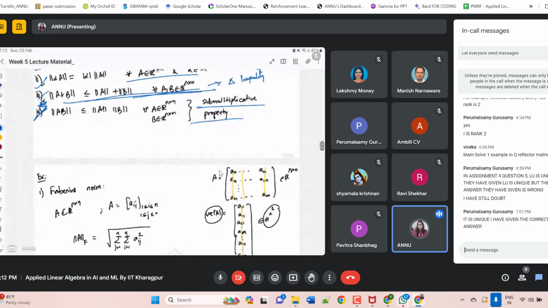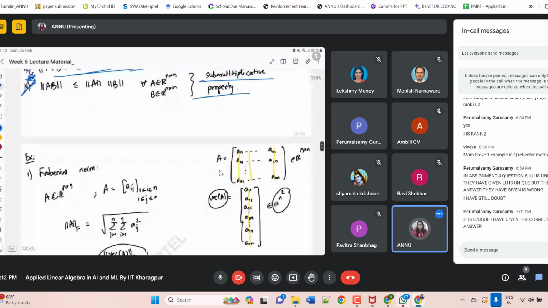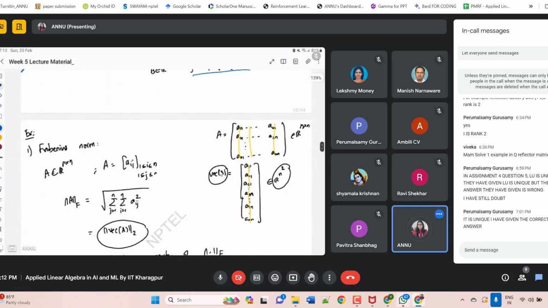So what is the Frobenius norm? If you append every column vector of a matrix one by one, making it go down, you can see this is giving you one long vector, so that we can represent the vector of A, where A is a matrix. If you square and sum it, that is giving you the Frobenius norm.